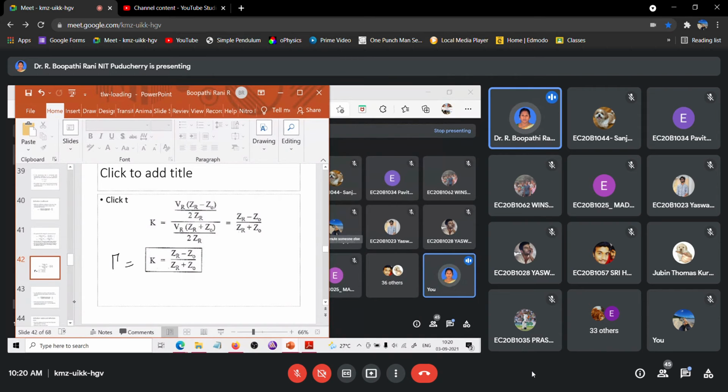Reflection coefficient gamma or K equals ZR minus Z0 divided by ZR plus Z0.